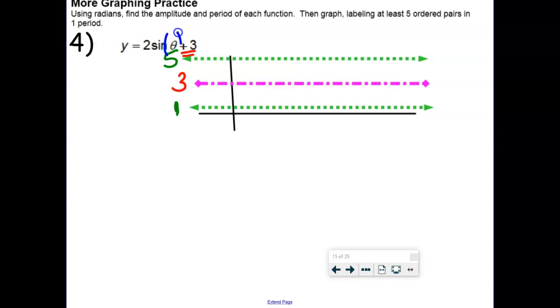I do notice, however, that inside of the sine function, there's no b value that's going to change the period length. So your period length is going to stay at 2 pi. Which means your quarter point would be that 2 pi cut into quarters, which reduces to pi over 2. And that's what we're going to count by.